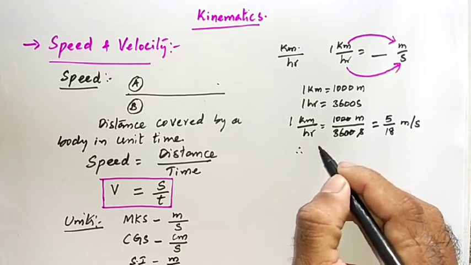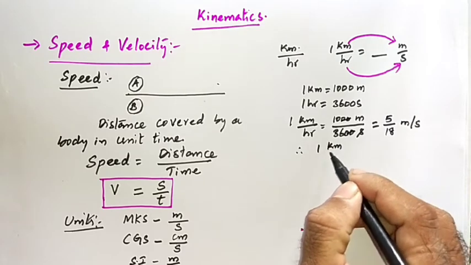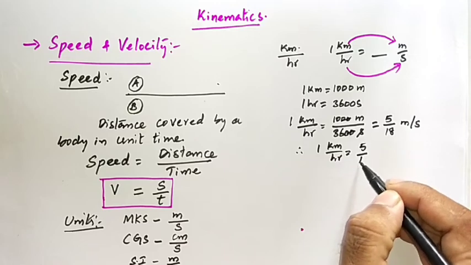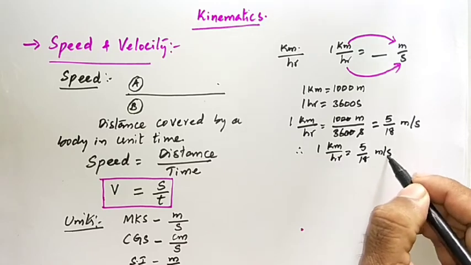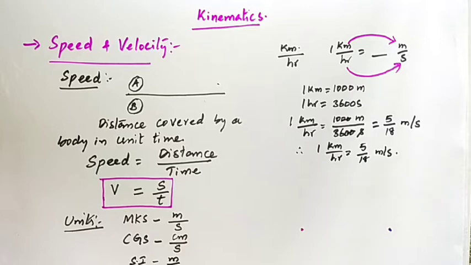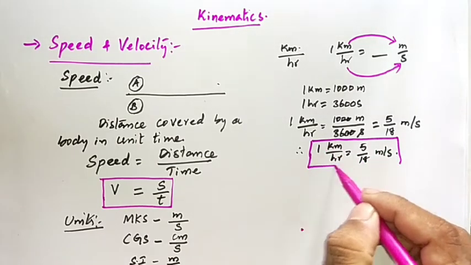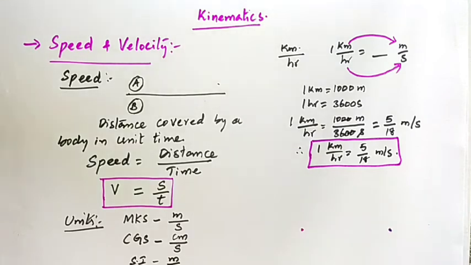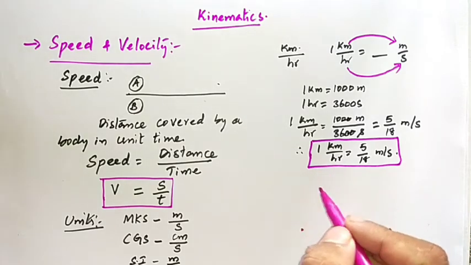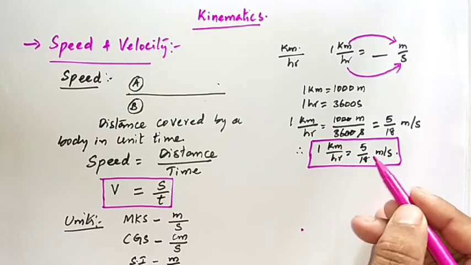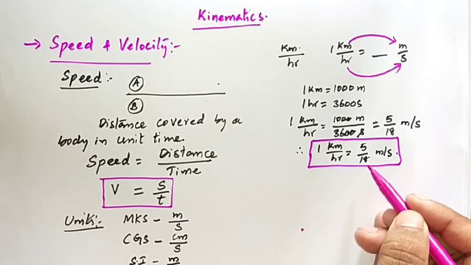Therefore 1 kilometer per hour is equal to 5 by 18 meters per second. So whenever the speed of a body is given in kilometer per hour and you want to convert it into meters per second, you multiply by 5 by 18.